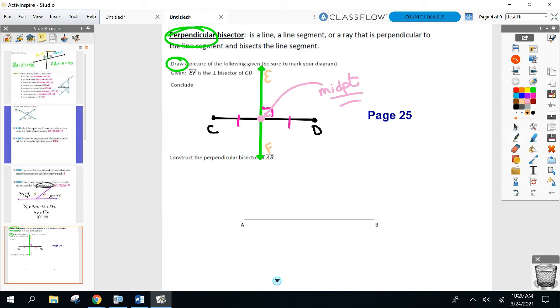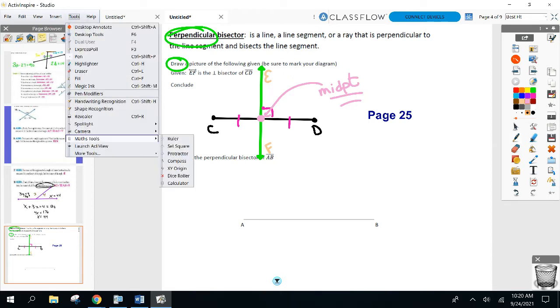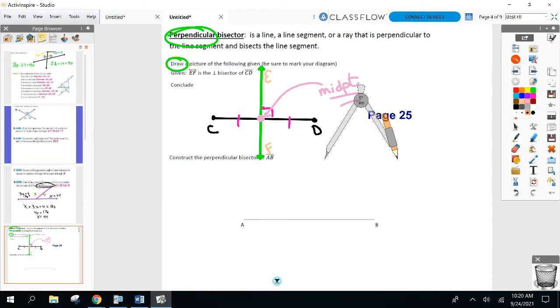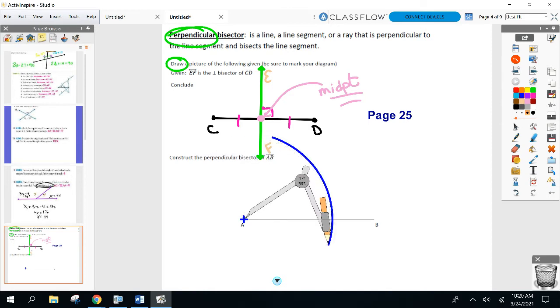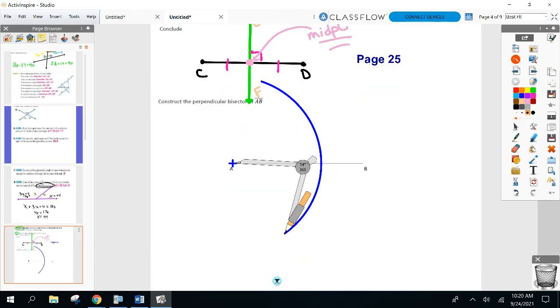And then you have to do how you find the midpoint on a line. It's the same construction we did for the midpoint. So everyone take your compass, put it on point A, open it more than half the length of AB, and draw yourself about a half circle size arc.